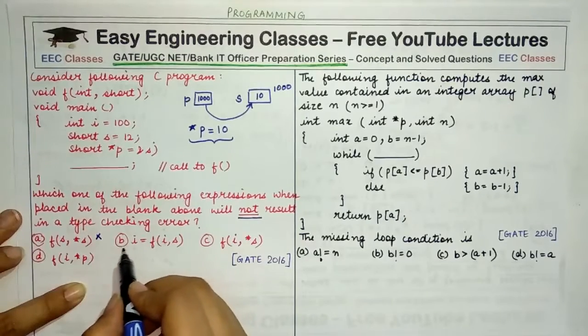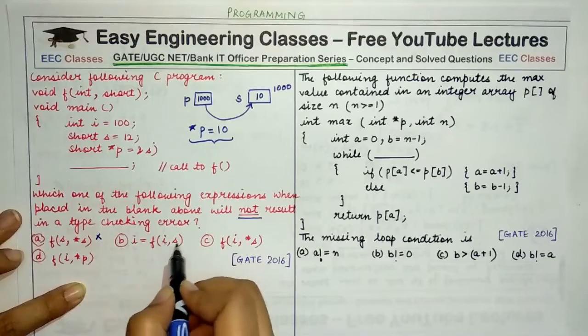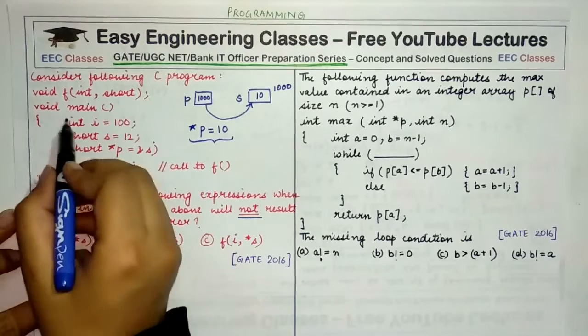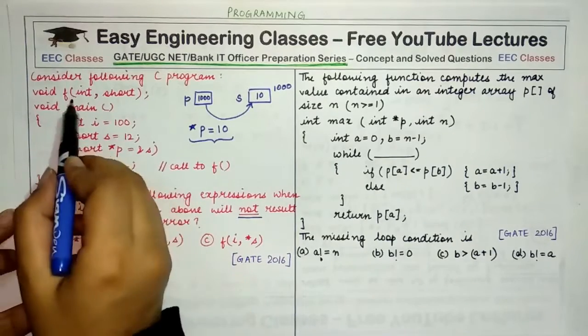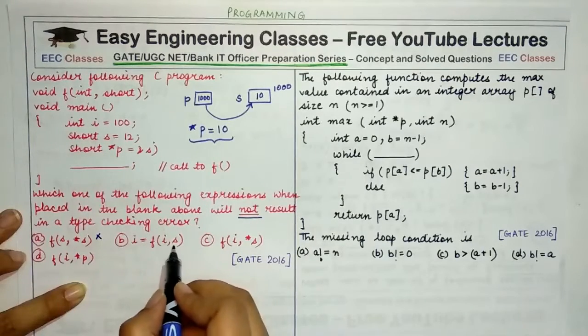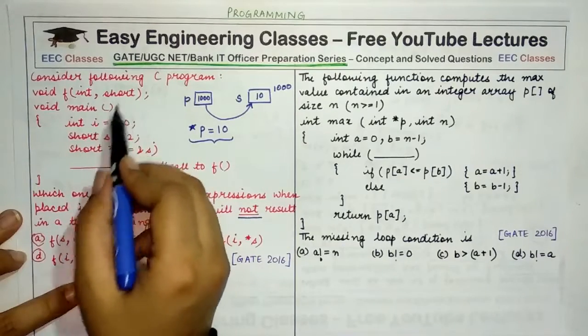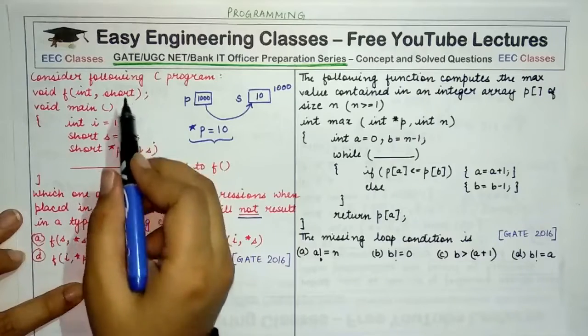Coming to the second option, i equal to f of i comma s. Now i is an integer, so we have an integer in the first place. In the second parameter we have s, which is short, so yes, we have the short data type in the second place.